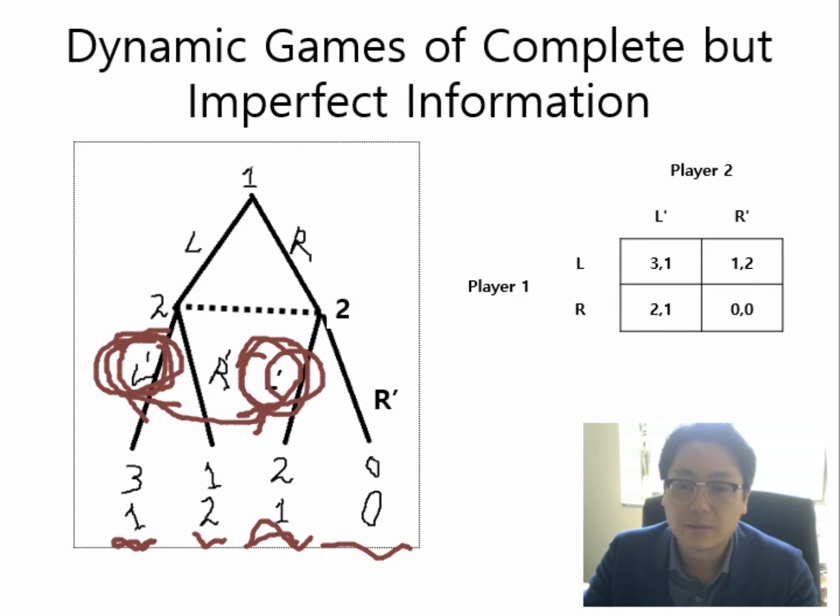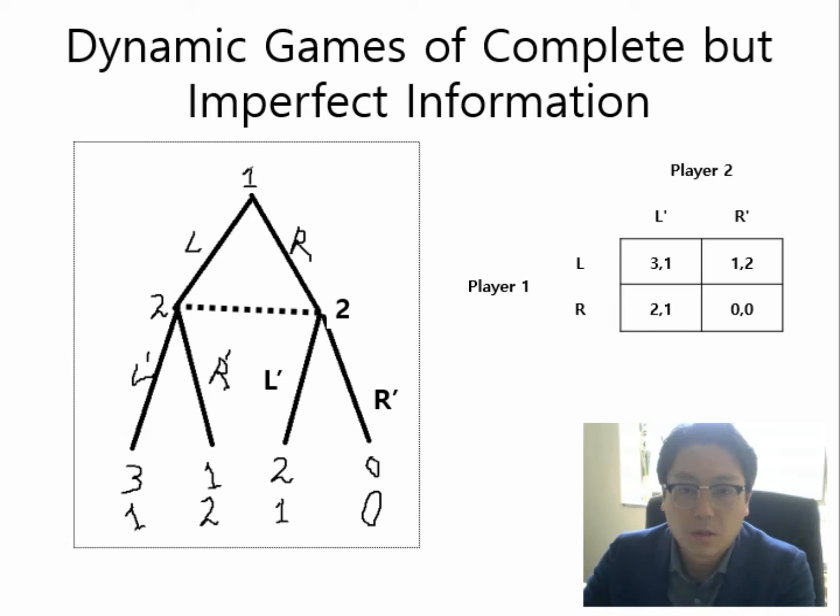Okay, anyway. Let's continue. As we can see, the information levels at these nodes are the same for the second player, so the second player cannot distinguish between L and R. What the second player knows is just that the first player played an action before, but which action the first player chose, she or he cannot know.